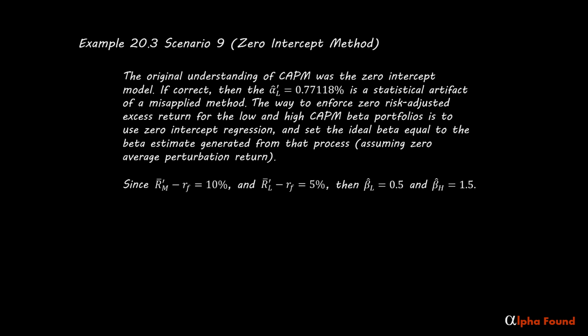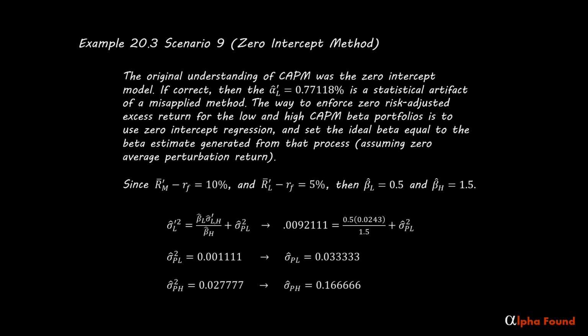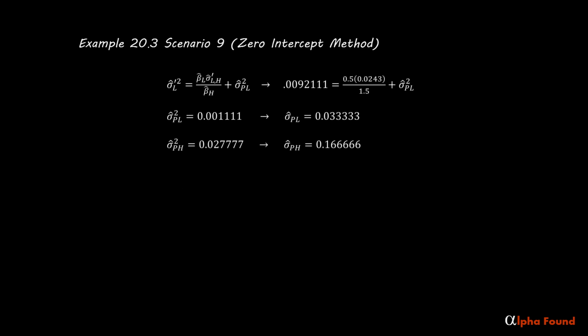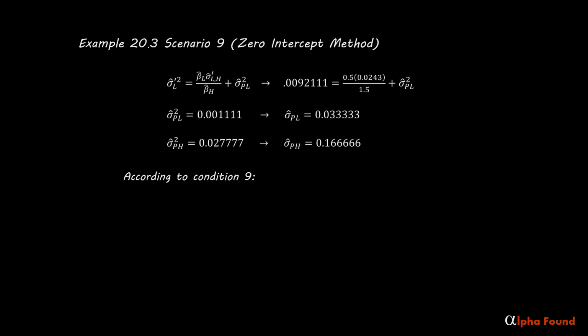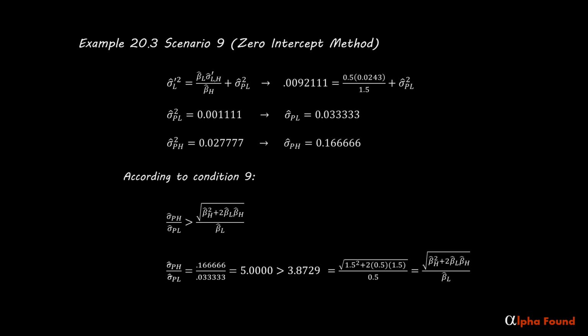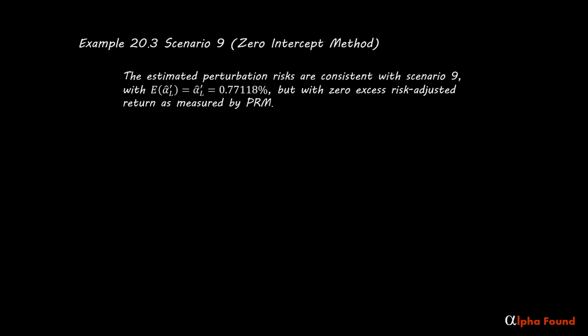Running through the calculations again, according to condition 9, the estimated perturbation risks are consistent with scenario 9, with expected CAPM alpha and measured CAPM alpha equal to 0.77118%, but with zero excess risk-adjusted return as measured by PRM.